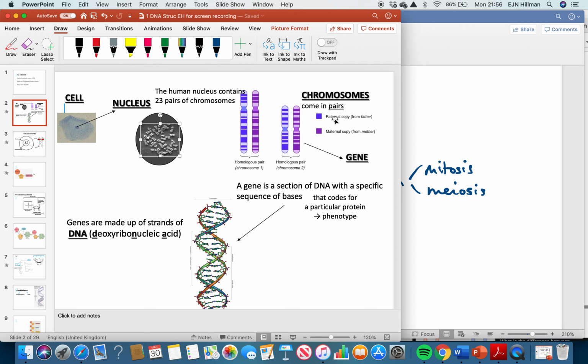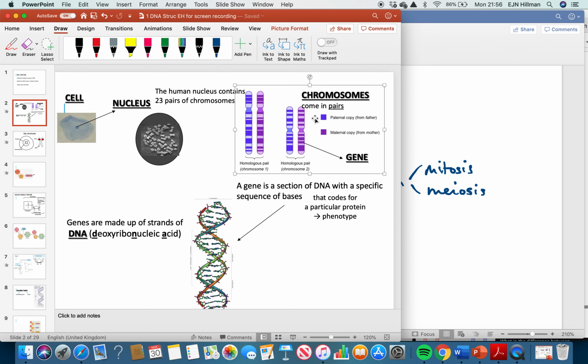One paternal chromosome, inherited from the father, and one maternal chromosome inherited from the mother. And those pairs are what we call homologous pairs of chromosomes.